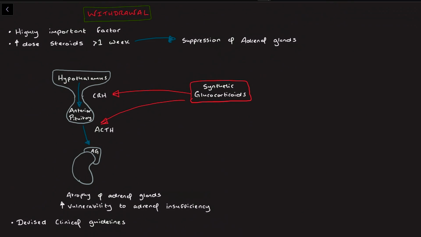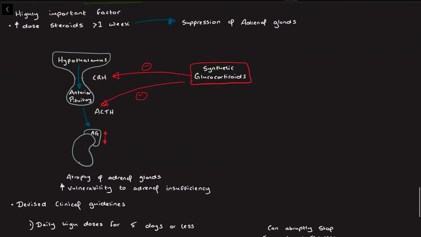With prolonged suppression, the adrenal glands become more atrophic, so they physically shrink. And this can take months to fully recover after discontinuation of the exogenous glucocorticoid. During this recovery time, the patient can become more vulnerable to adrenal insufficiency during times of stress, such as illness.